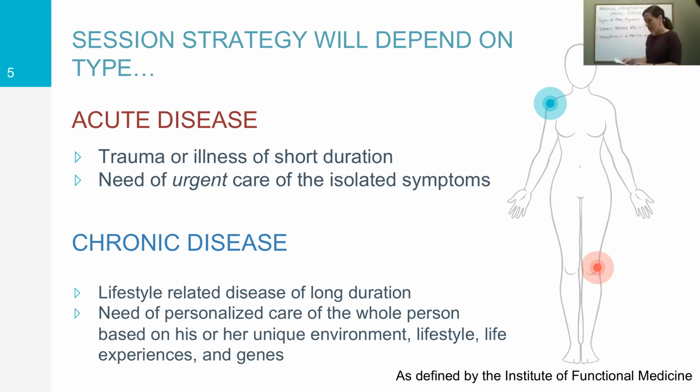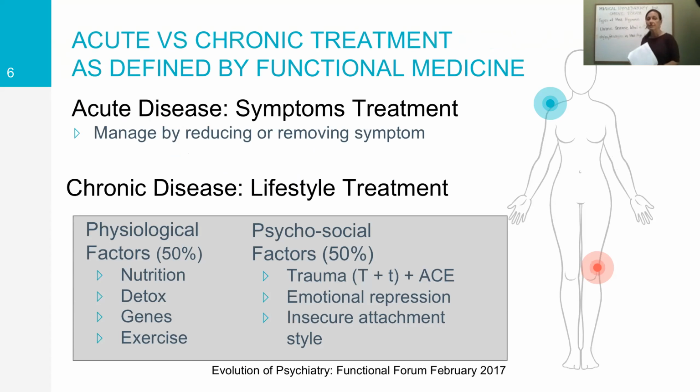All right, this distinction between acute disease and chronic disease will determine the strategies of the processes, NLP and hypnotherapy and whatever else you have, that you will use with your clients. Functional medicine says when you've got an acute disease that just happened, focus on reducing and removing symptoms, period.